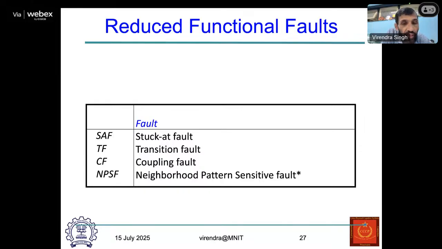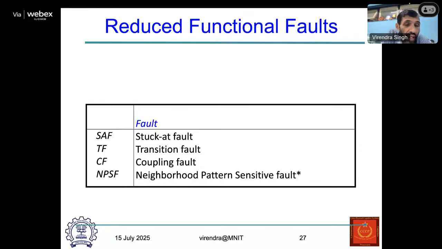So there can be a fault while it is transiting from one logical value to another logical value. It may be slow to change from 0 to 1, but change fast from 1 to 0. So the transition can be a rising transition or a falling transition, that means maybe 0 to 1 or 1 to 0, right?